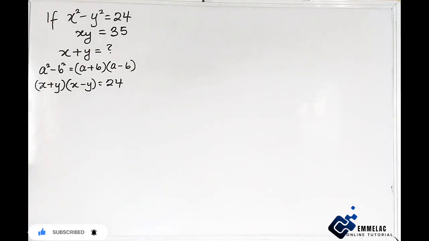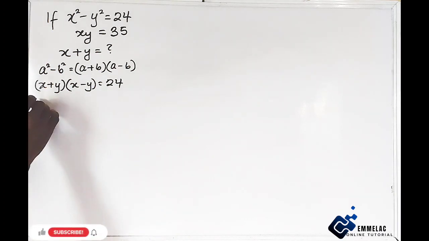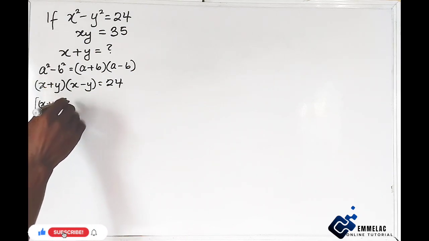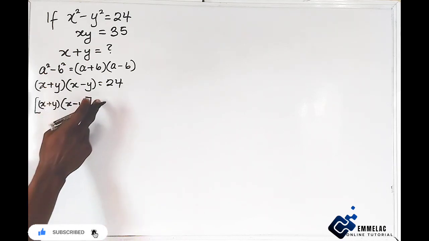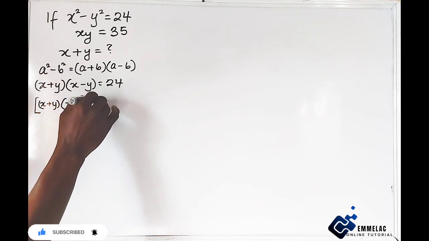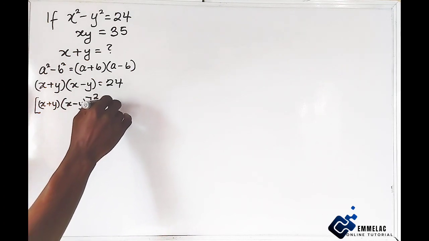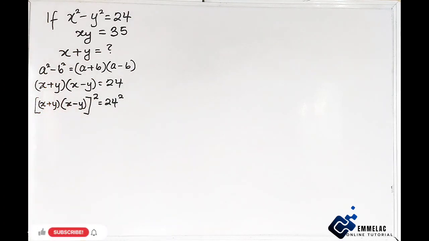Alright, the next thing we need to do here is raise both the right and the left hand side to the power of 2. So here we have x plus y in bracket times x minus y in bracket, all in square bracket, raised to the power of 2, equals 24 raised to the power of 2.